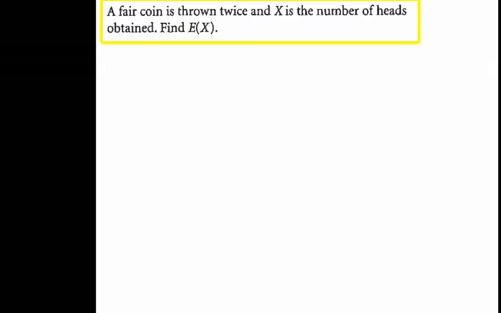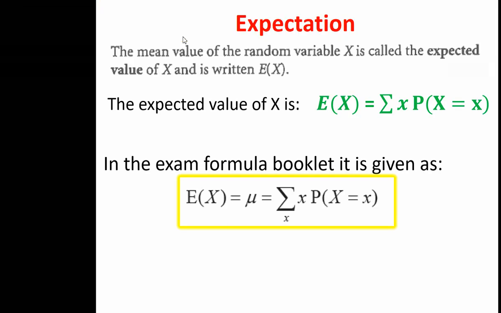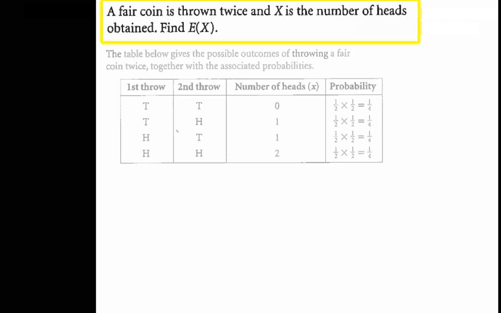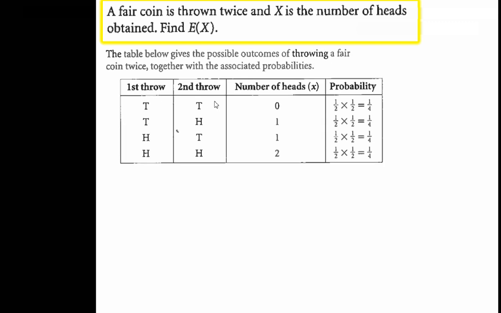Let's see this in action so you can understand it a bit better. A fair coin is thrown twice, and x is the number of heads. Find E of X. So what is E of X again? The expected value of x. So what do we need to do? You're throwing 2 coins, so again you've got a table of 4 outcomes: tail tail, tail head, head tail, head head.